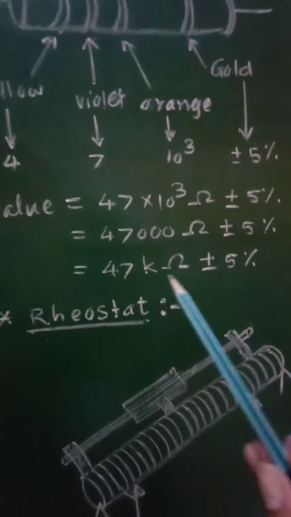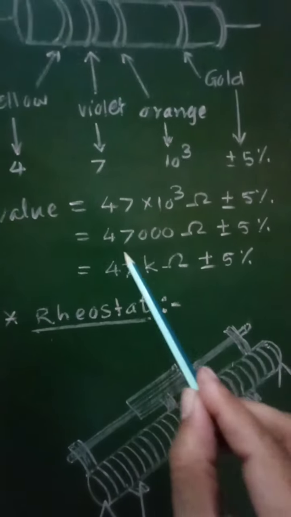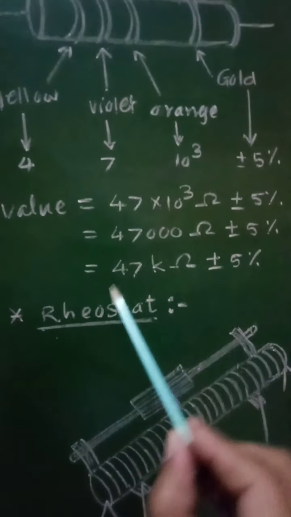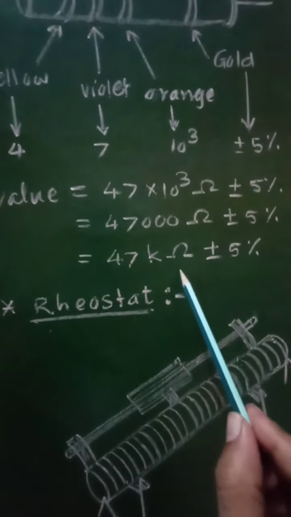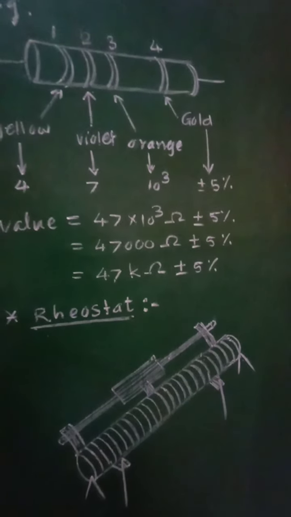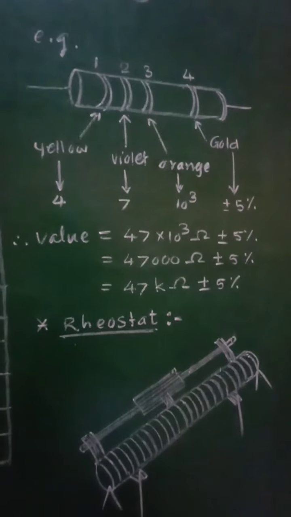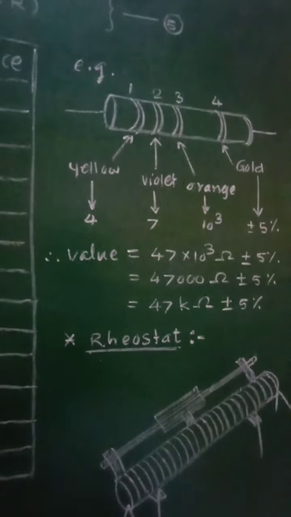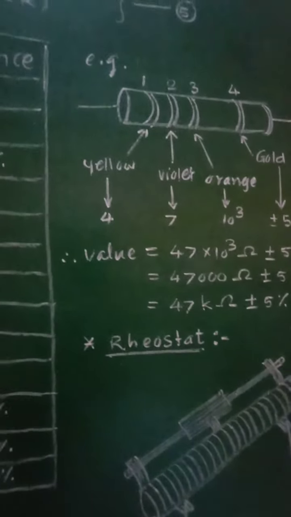In terms of kilo ohm, dividing this 47,000 by 1000, we will get 47 kilo ohm plus minus 5%. So like this, the values of the resistances can be calculated by using the color code method.